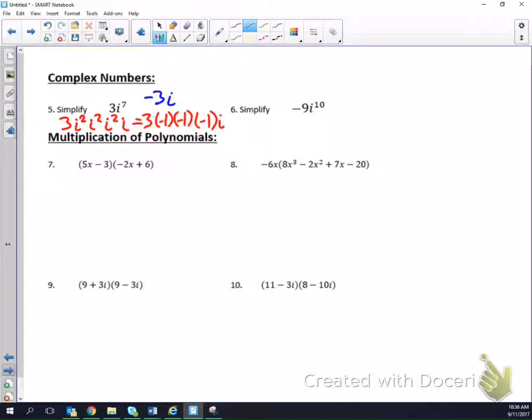All right, so next we've got -9 times i to the power of 10. So I'm going to have 2, 4, 6, 8, 10. Now each of those is then going to turn into just a -1. So let's see, I had 5 i's.